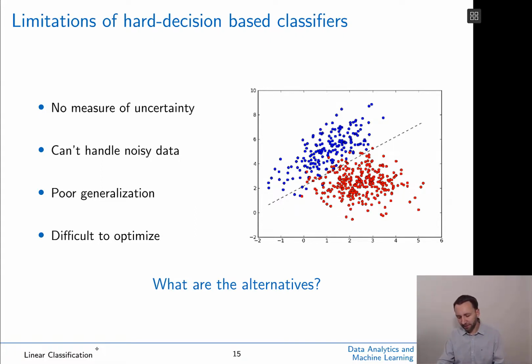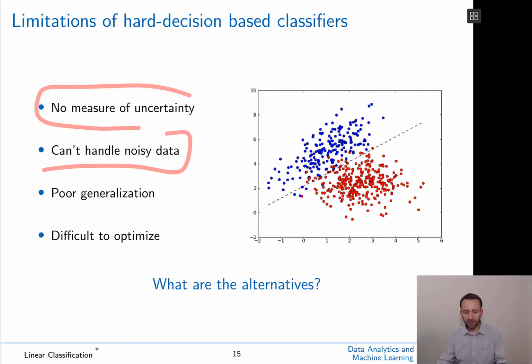The drawback is, for example, as shown here, that in some cases we might not be able to separate our data, even not after transforming it, because you see that here the classes are somehow overlapping, merging together. So here we have this kind of noisy behavior, and the linear separation hyperplane won't be able to succeed here, right? So we won't be able to find a hyperplane which correctly classifies all these samples. And this is a big problem of hard decision-based classifiers. So we can't handle this noisy data.